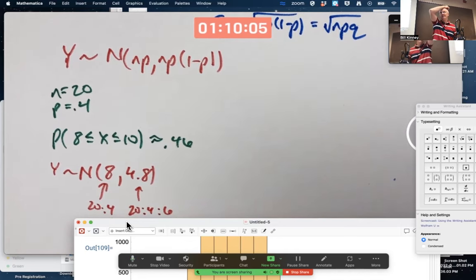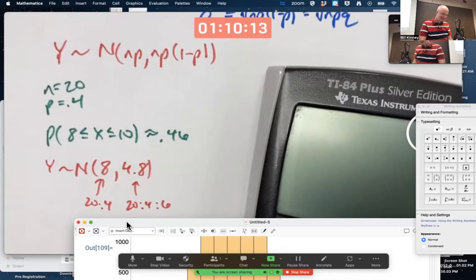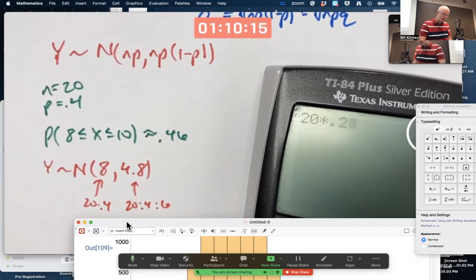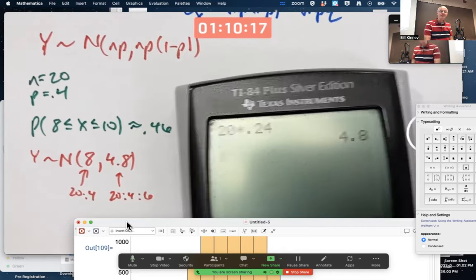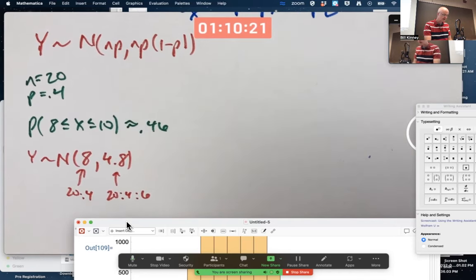Does that sound right? Doing calculations in my head is dangerous. Yeah, okay, that's right, 4.8. That's the variance, not the standard deviation.